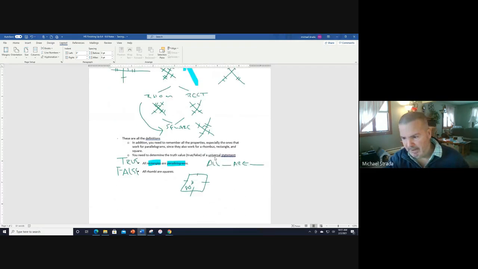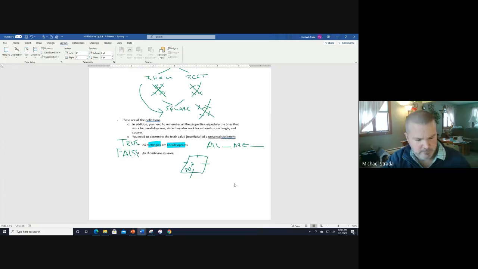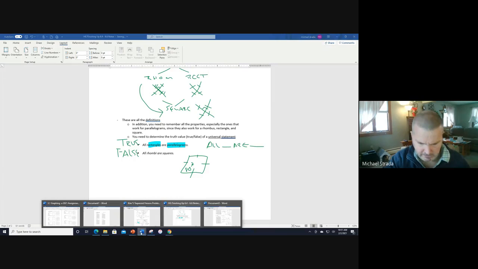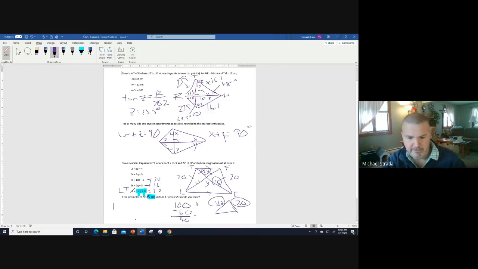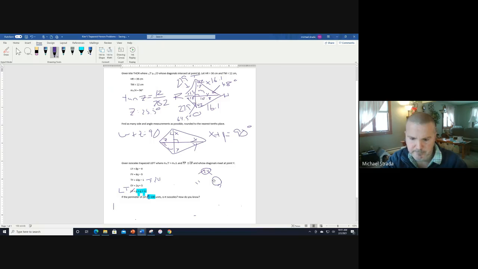All right. So that wraps up all the notes. Okay. The next thing we talked about in class was the kite and trapezoid. Let me clean this up.